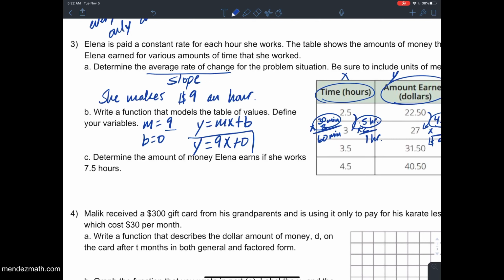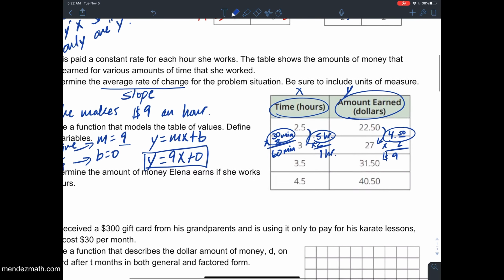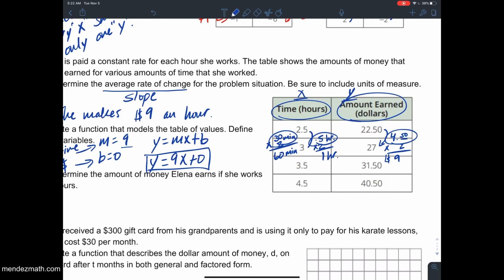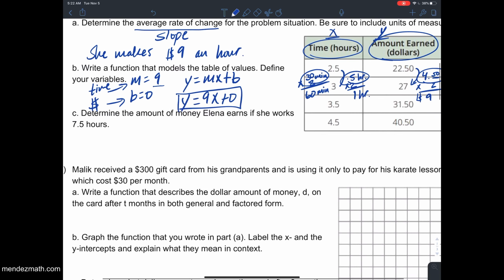Whatever is going to make you feel more comfortable. Okay? Define your variables. I kind of did that there, but X is time, Y is money. If you wrote this here and here, nicer than what I did, I'll take that.